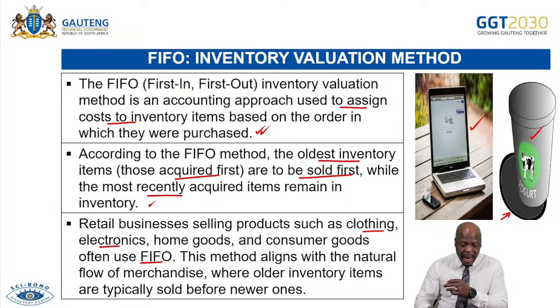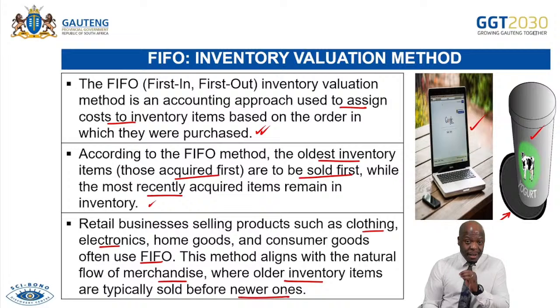This method aligns with the natural flow of merchandise, where older inventory items are typically sold before newer items. So we'd want to sell our older items before we sell the new items.